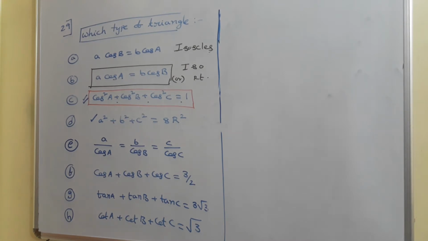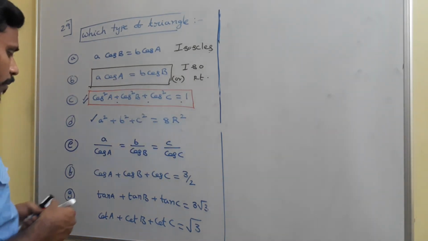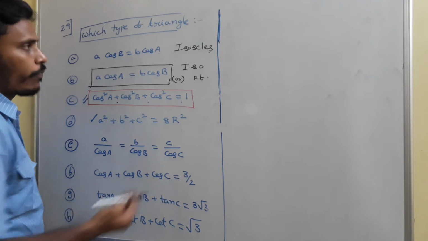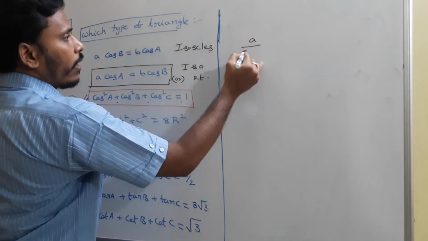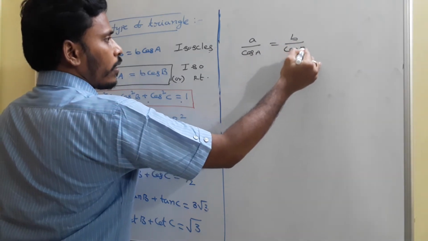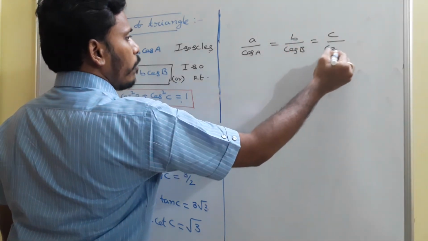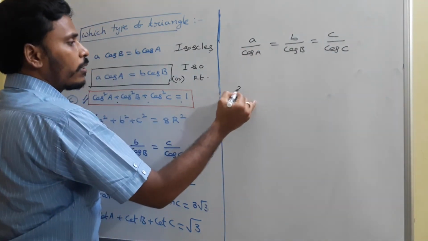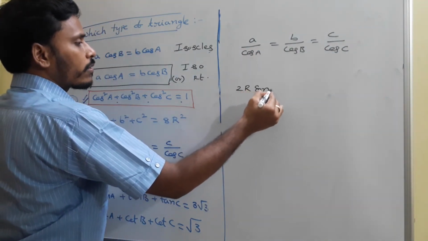It is given as an equality between 3 terms, right? And that's why it is easy to solve. The given thing is a by cos a equals b by cos b equals c by cos c. A is simply 2r sin a from the sine rule.